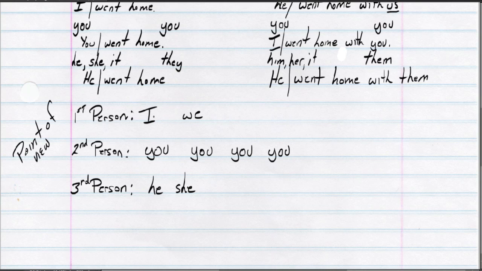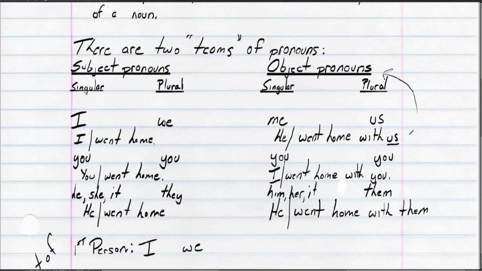Okay? So there are singular versions of these and there are plural versions of these. So rather than write all these out again, let's go back to our original notes and we can change this right here into a chart. So what I want you to do over here next to I, we, me, and us is put first person.